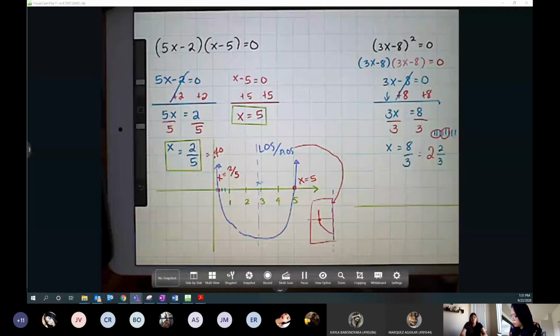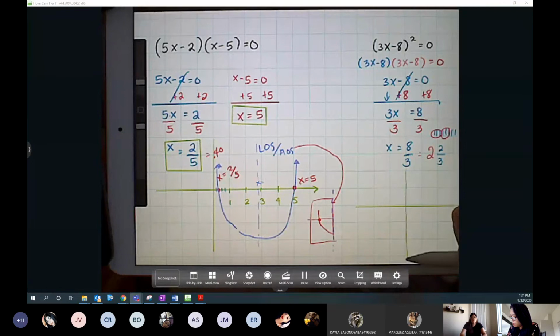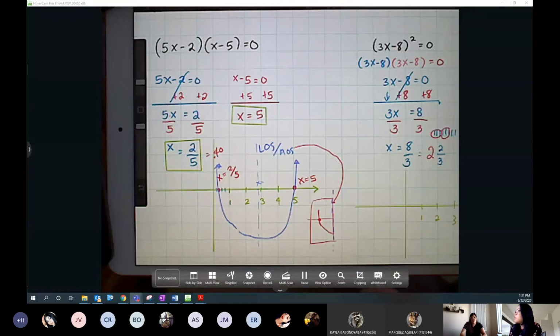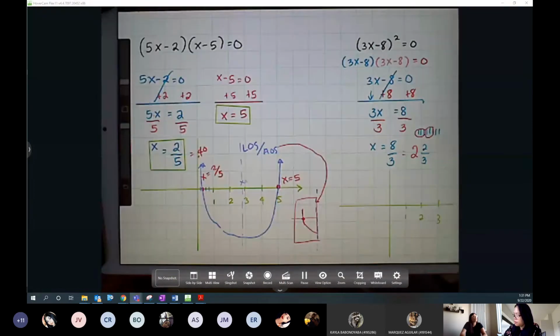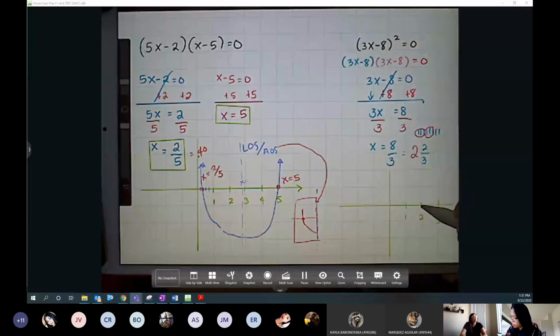And we can also graph it. Okay, so we have our 1, 2, and 3. We have 2 groups, so we put it past the 2. And then from 2 to 3, we're going to separate it into 3 equal parts.